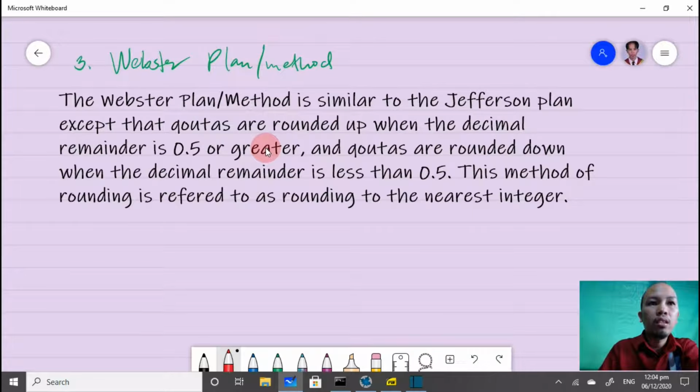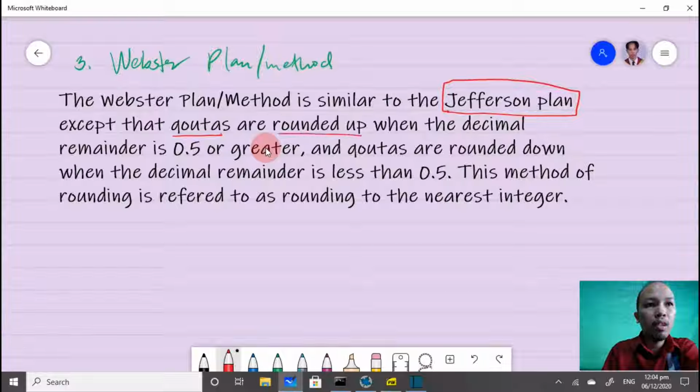All you have to do here is that the standard quotas will be rounded up when the decimal remainder is 0.5 or greater. So if the decimal remainder is 0.5 or greater, you have to round it up.